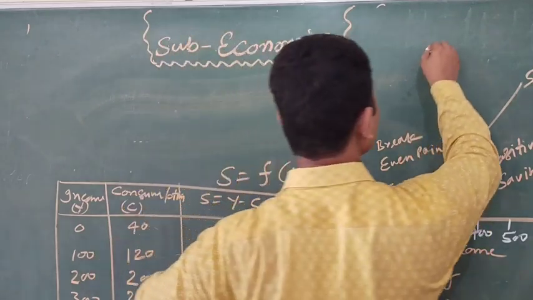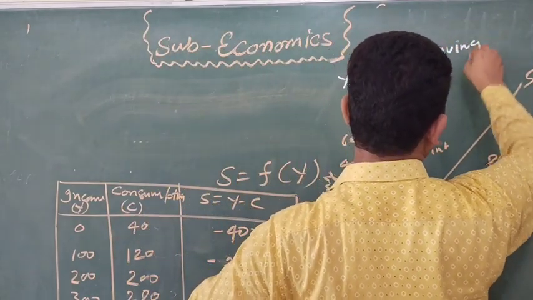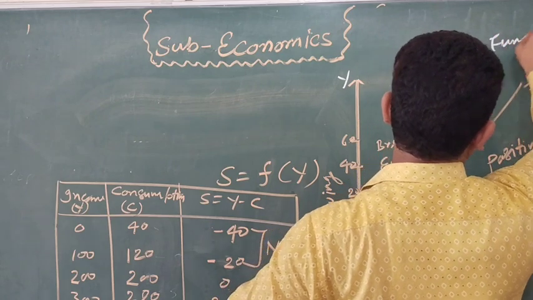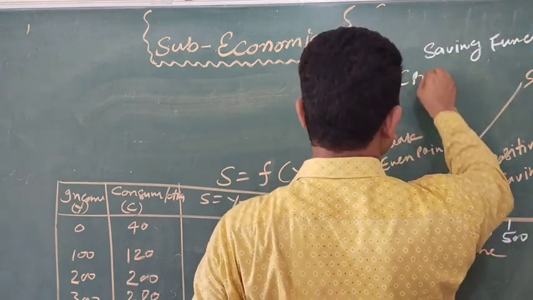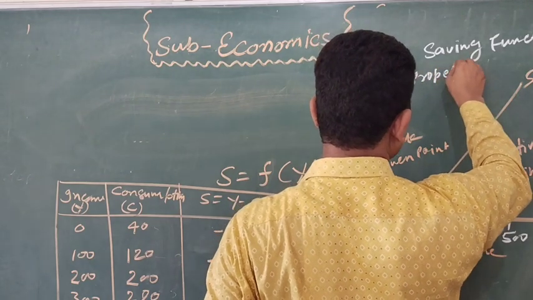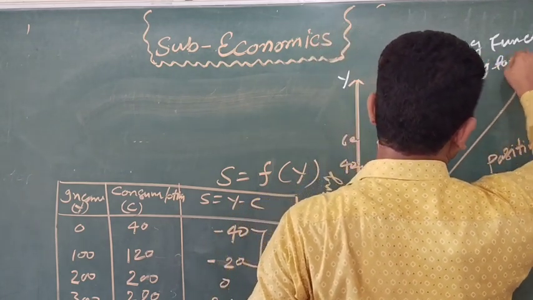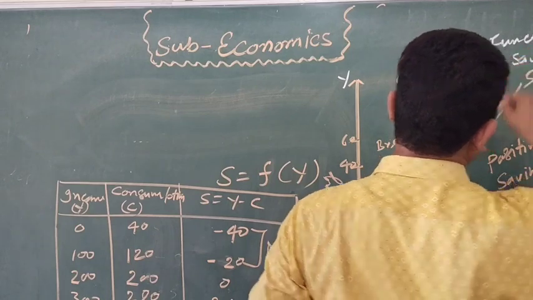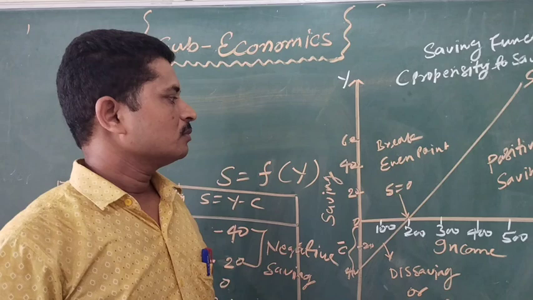In the saving curve, the saving function is known as the propensity to save.